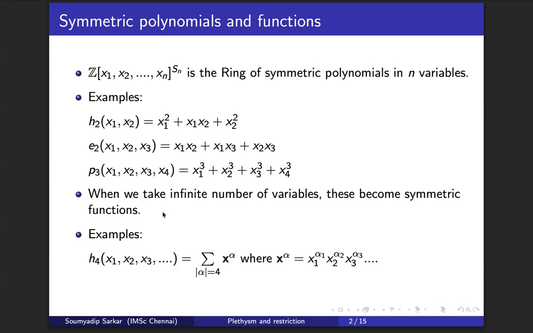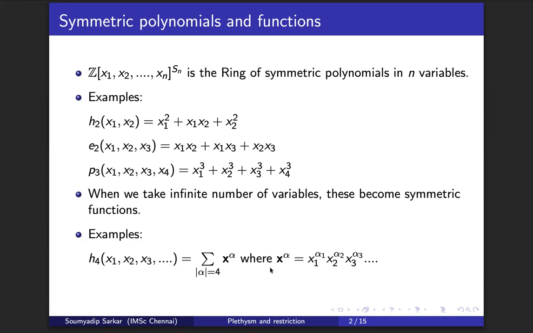Now, if you restrict yourself to only finitely many variables, these are usually known as polynomials. But if you allow yourself to take infinitely many variables, these are known as symmetric functions. For example, when I talk about h4 in infinitely many variables, x1, x2, x3, and so on, this means you sum all the monomials of the form x^alpha, where the size of alpha is 4.